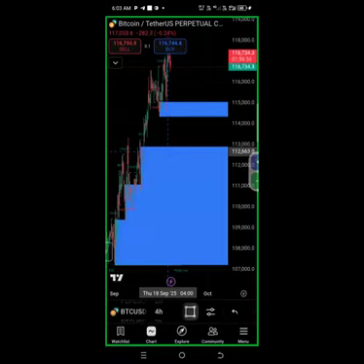So you wouldn't waste your time in the market spotting out where there was a change of character, where there was an internal order block, or where liquidity exists in the market, whether it's a weak low or a strong high. Everything has been spotted out.